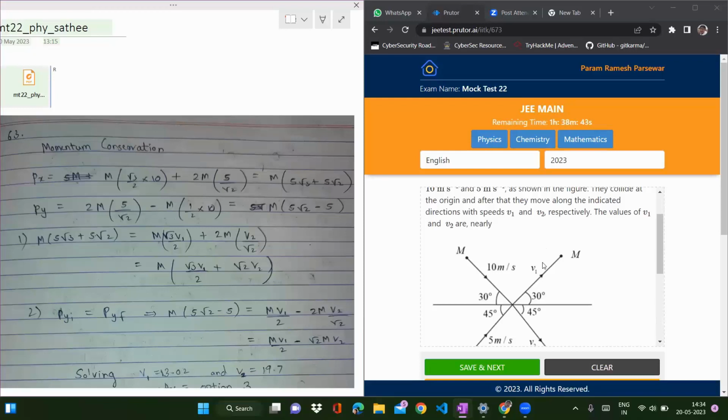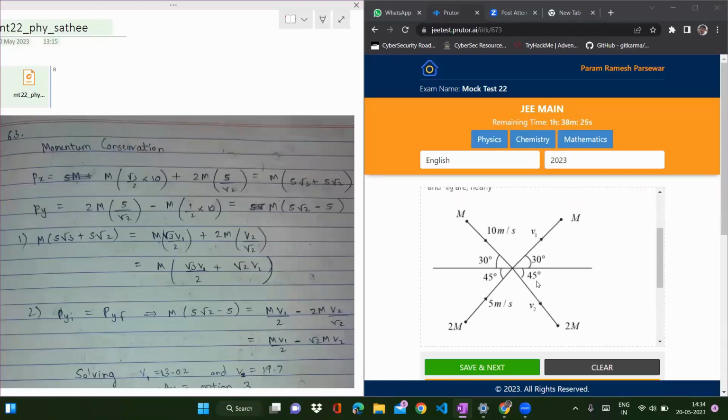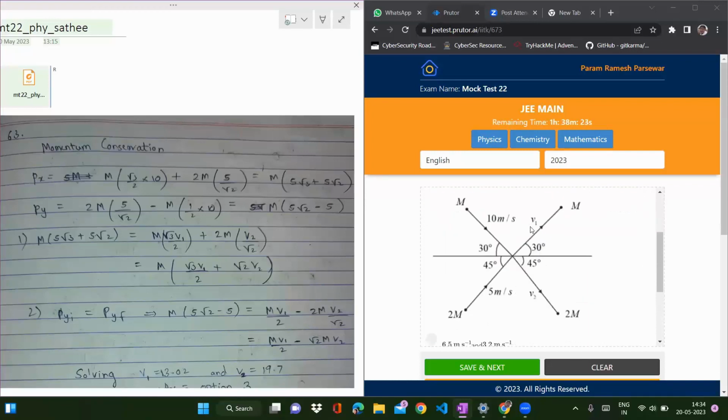The values of v1 and v2 are nearly. So the particles are colliding like this, here 10 meter per second, here 5 meter per second. They will collide at these angles, and after the collision, they will move away at the same angles with the horizontal with speeds v1 and v2 respectively. So we are asked to calculate v1 and v2.